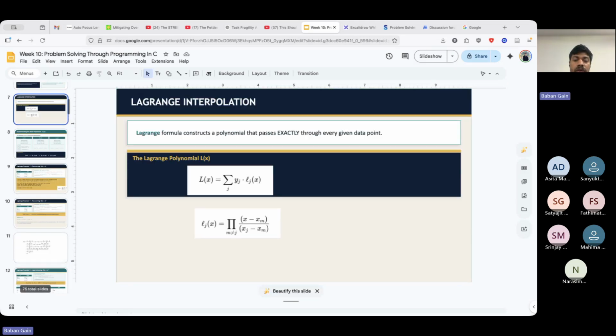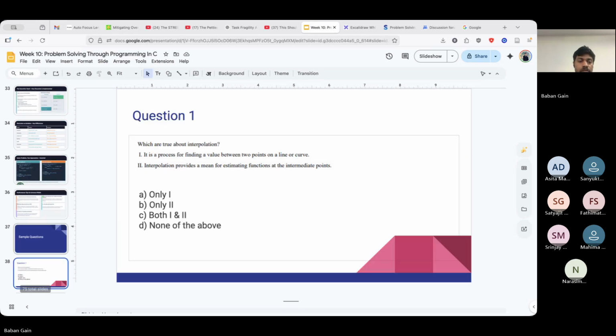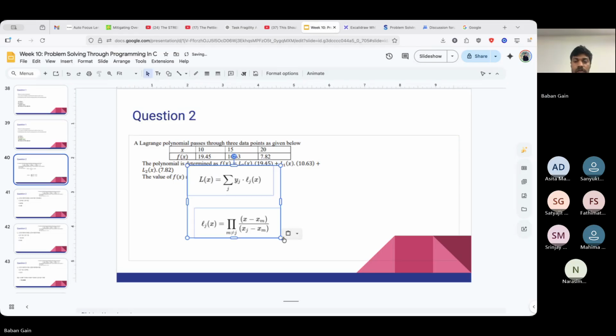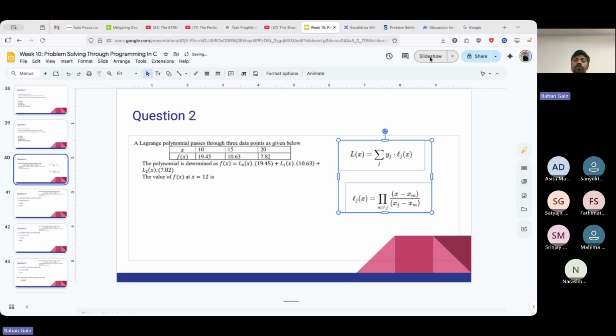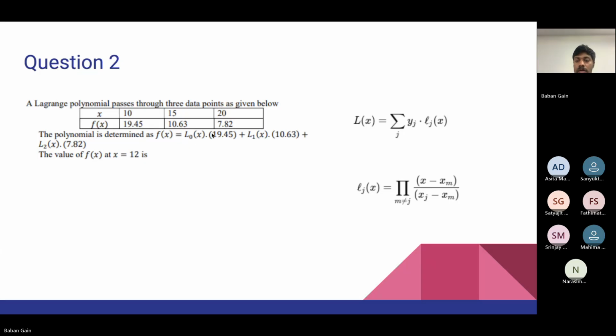This is the equation, right? So these two are the equations. I'm asking you to calculate this one for L0 of 12.